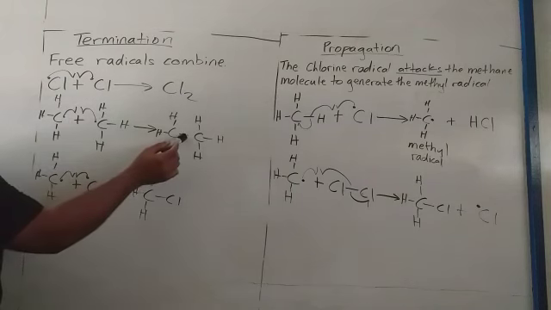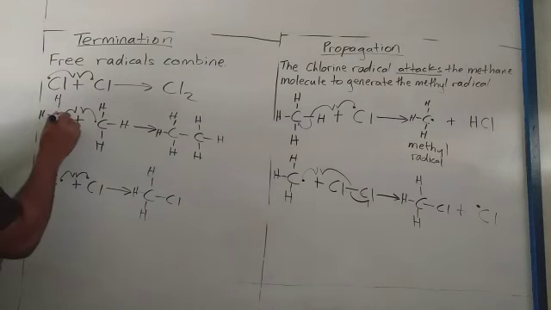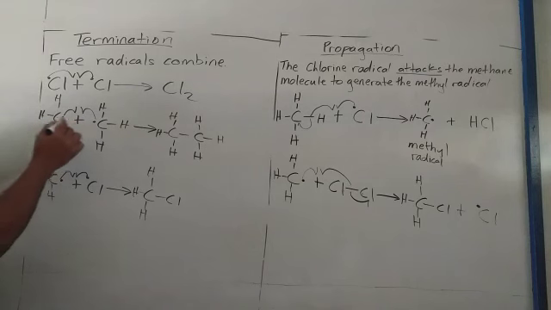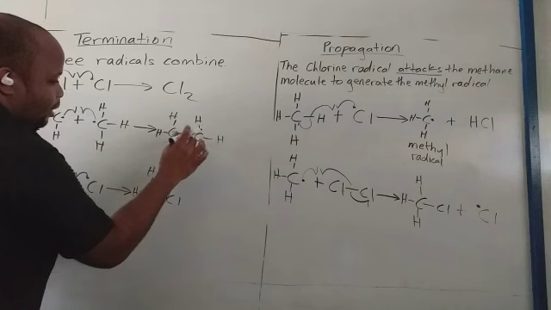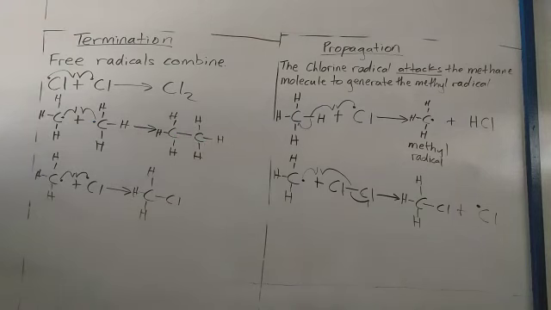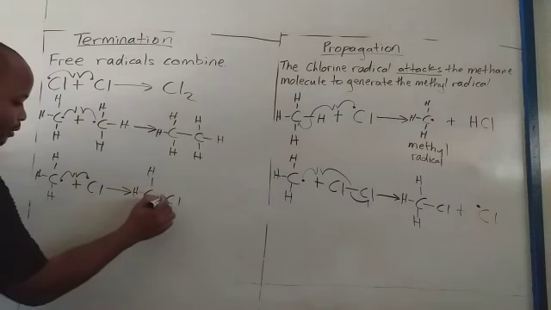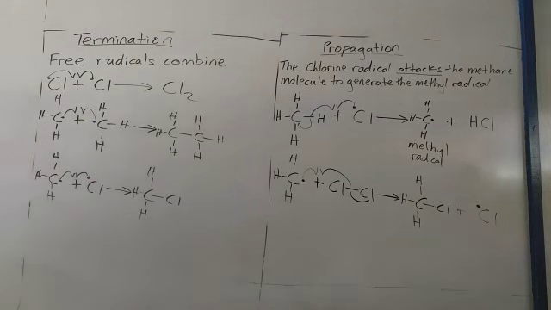That is how we get the bond here. So let me put the electrons in blue. So these two electrons were shared. Once they were shared, a bond was formed. Same thing again. And that is free radical substitution.